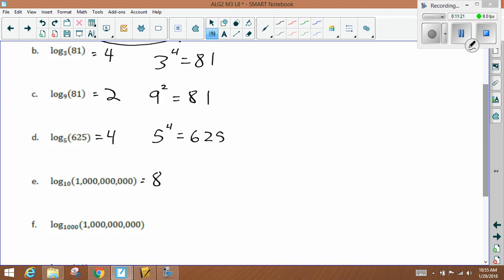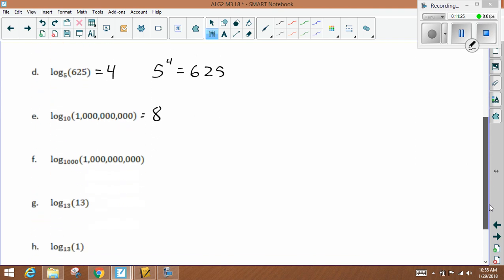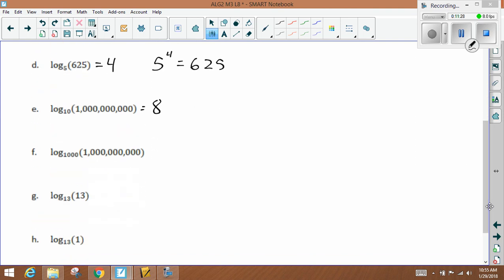1,000 to what power is 1 billion? You can take it in your calculator. I think it's 3. Yep.